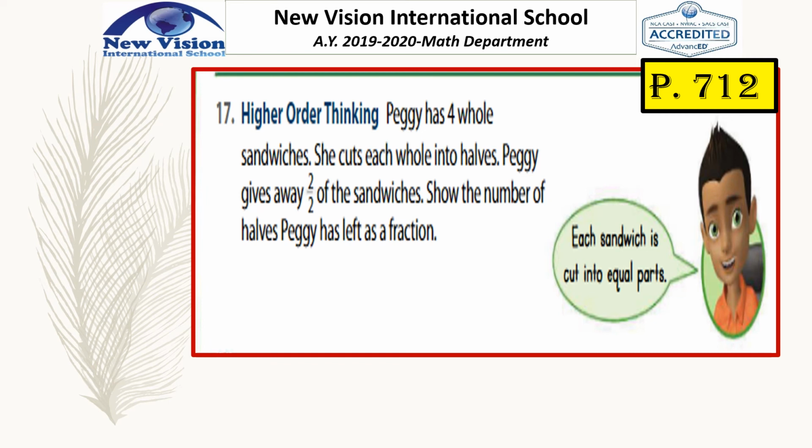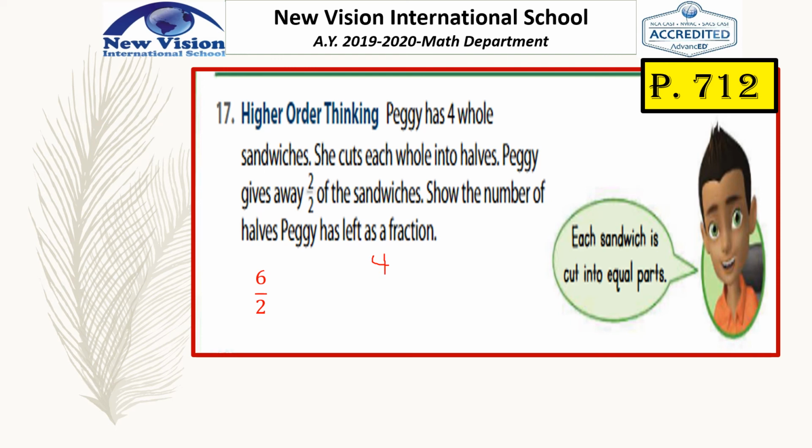Okay, are you done? Now, let's see if your answers are correct. So, the correct answer is 6 halves. Do you know why? We know that Peggy has 4 whole sandwiches, okay?